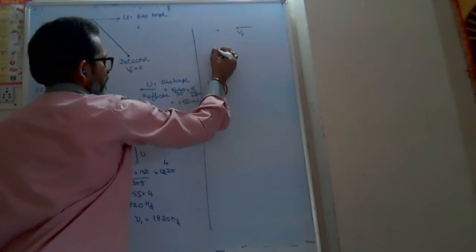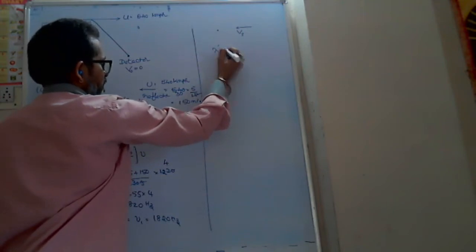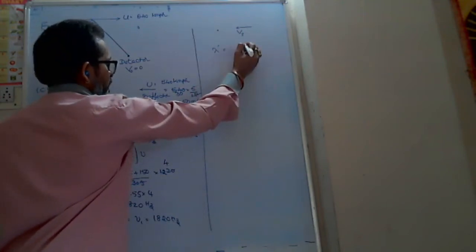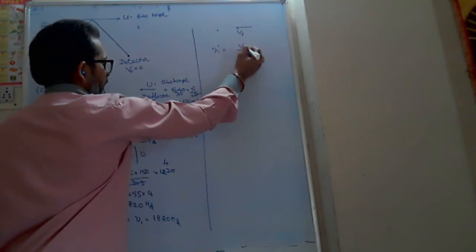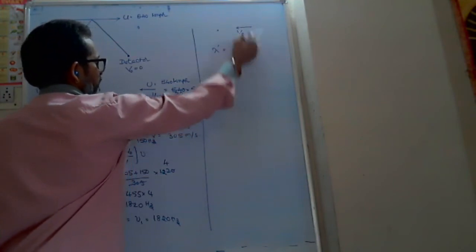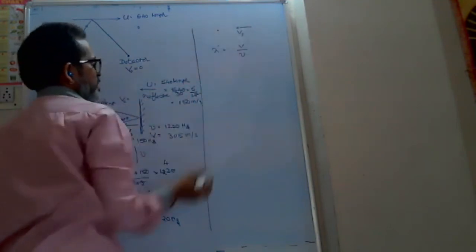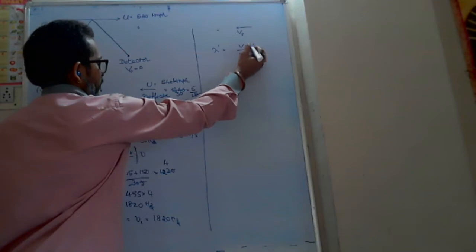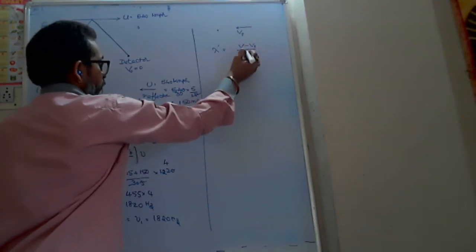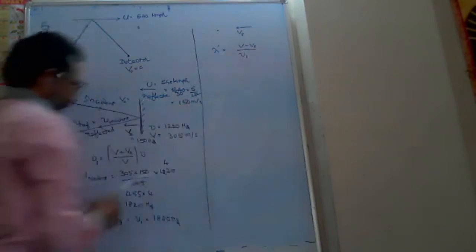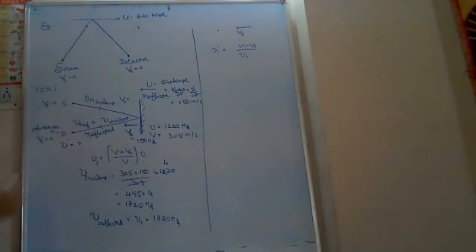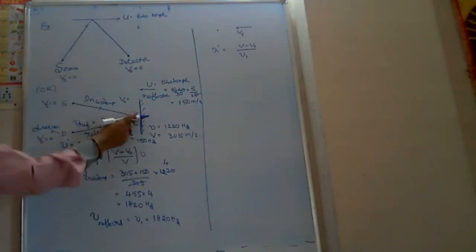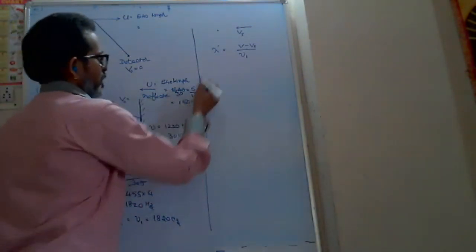The wavelength will be lambda dash equals V minus Vs by nu. Is it V minus Vs or V plus Vs? V minus Vs. Nu is nu1, what I calculated here. Yes, sir, the reflected wave frequency is nu1. This is lambda dash now.